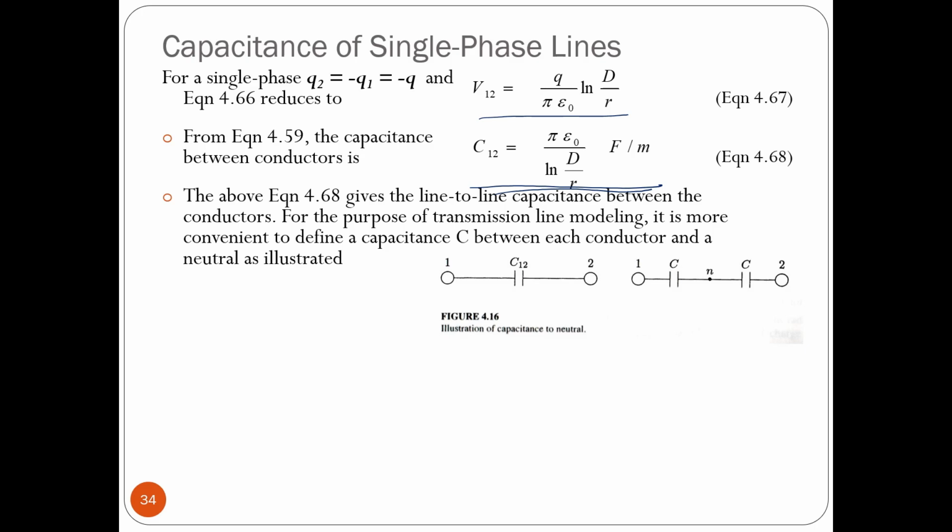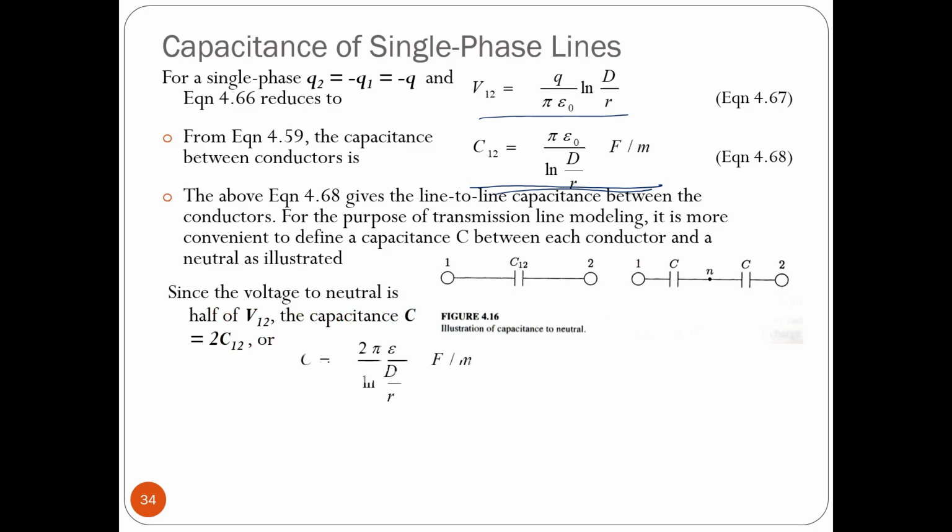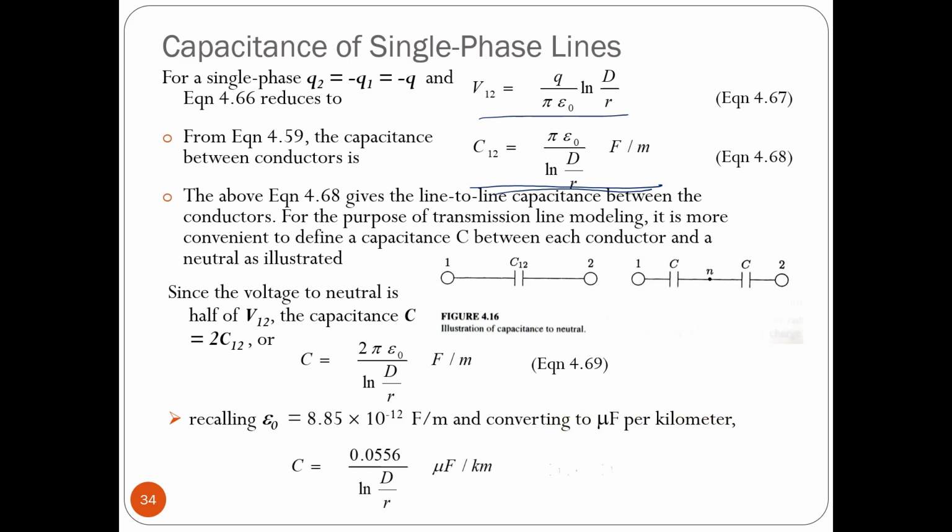Okay, so equation 4.68 here refers to the line-to-line capacitance between the conductors. Usually we define it as shown in figure 4.16, where we refer to capacitance to a neutral point. When we refer to capacitance to a neutral point, the equation simplifies to equation 4.69, which is 2 pi epsilon naught over ln d over r farads per meter.